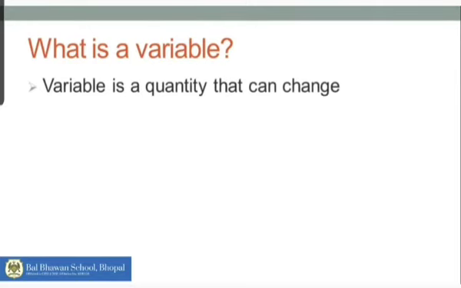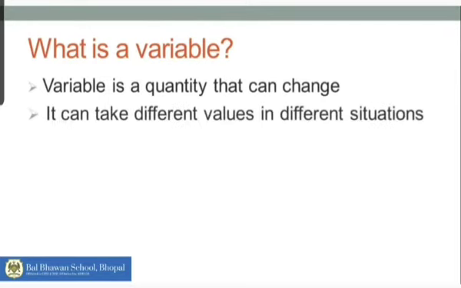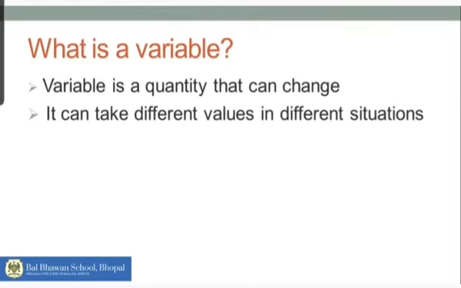A variable is a quantity that can change. It can take different values in different situations. Its value is not fixed. It depends upon the condition, like just now, we have taken the example of a movie theater where different numbers of people were present in the same situation.